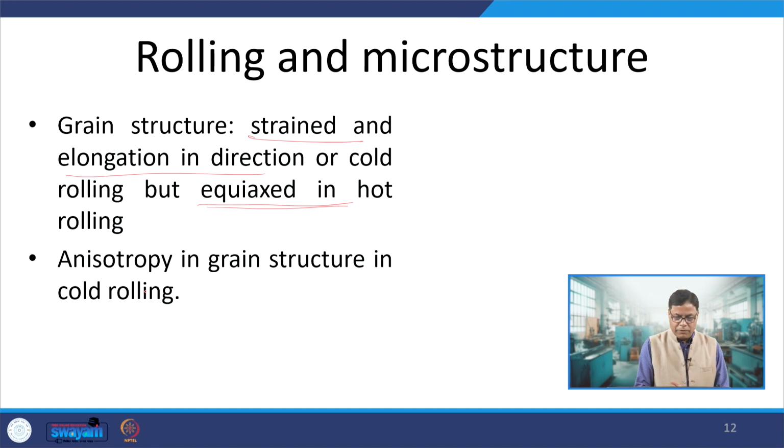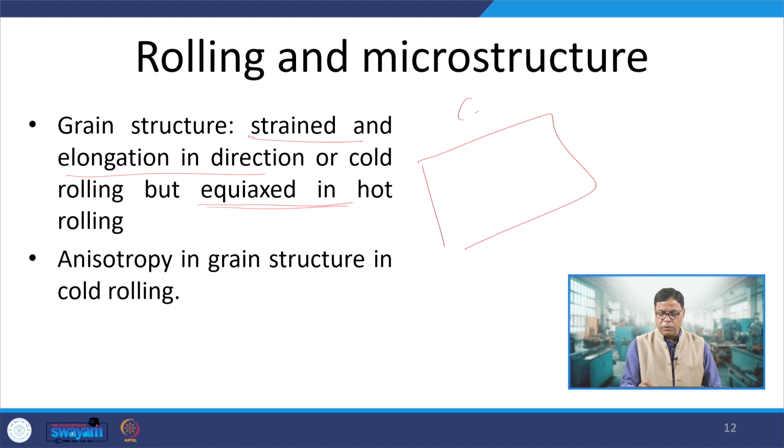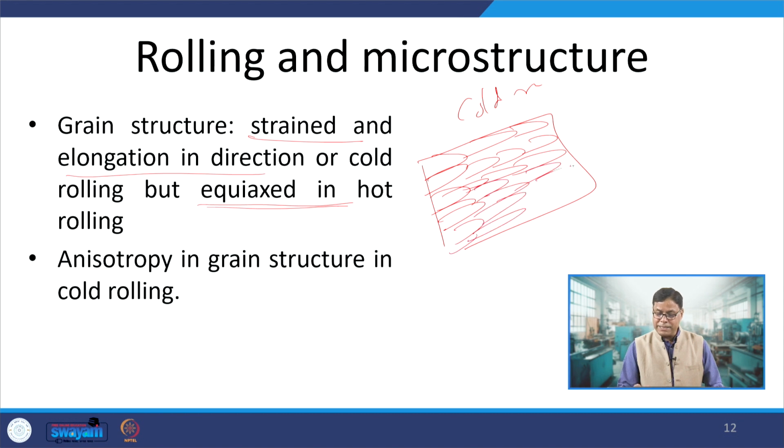Now, anisotropy is another aspect. When cold rolling is done, the grains are elongated in one particular direction. So, we get much higher strength in the direction of rolling as compared to the perpendicular direction, because of this directionality in the orientation of the grains. The metal will be stronger in the direction of the rolling, while the properties will be poor in the direction perpendicular to that or in the thickness direction.